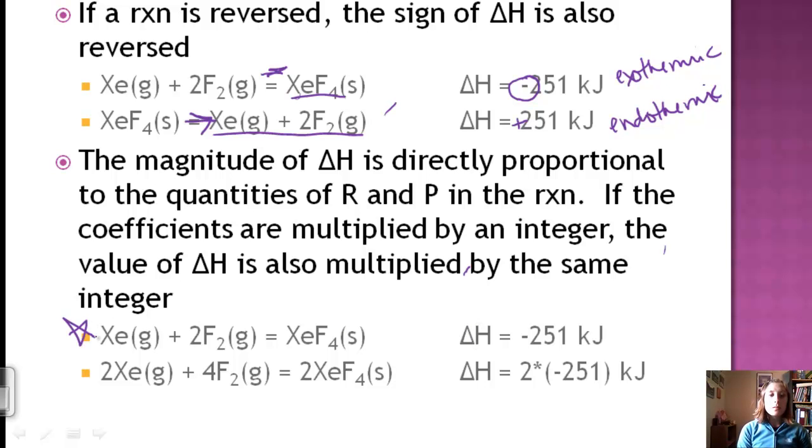Let's take xenon plus fluorine producing xenon tetrafluoride, with negative 251 kilojoules. Now if we multiply everything through by 2, although this isn't the most simplified version, sometimes this is helpful when we're doing Hess's Law, then all we have to do is also multiply the delta H by 2. So it's kind of like math: whatever you do to one side, you do to the other.